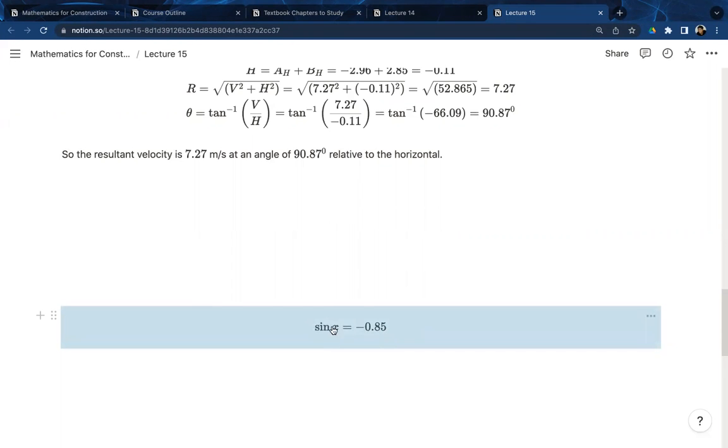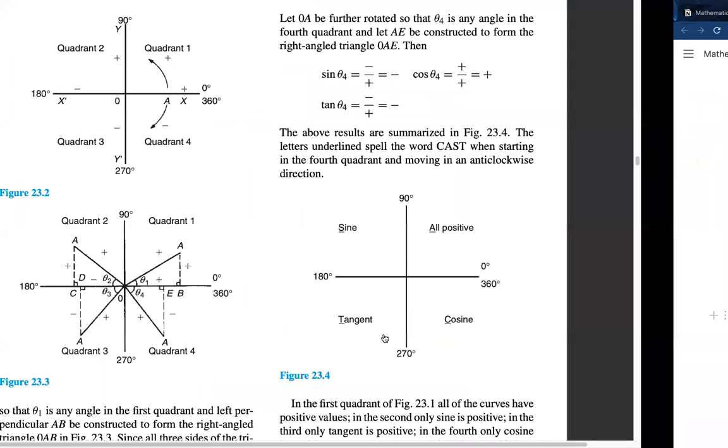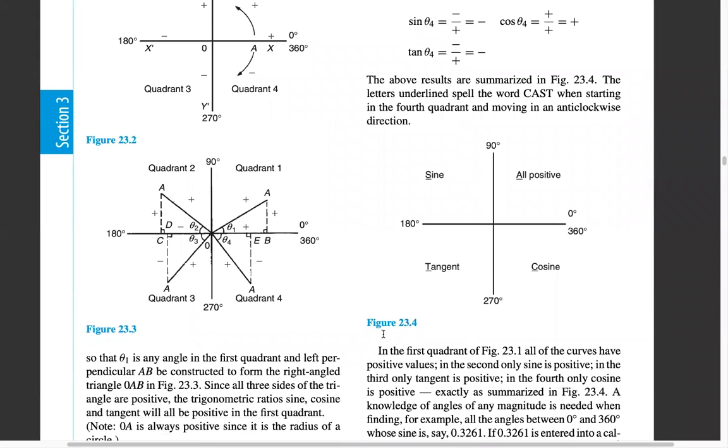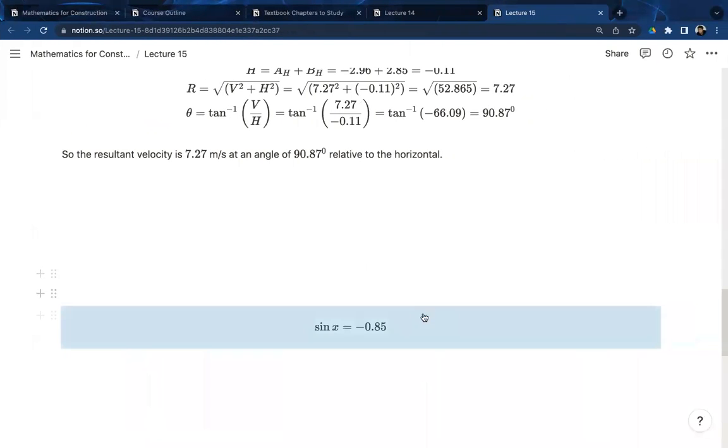Which angle has a sine that's negative 0.85? Well, first of all, sine of some angle is negative. Where could that angle be? Sine is positive in the first quadrant and the second quadrant. So that angle had to be somewhere down here. But they need to give you a domain.